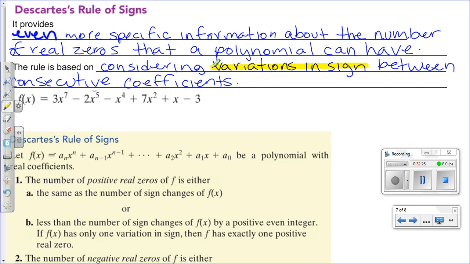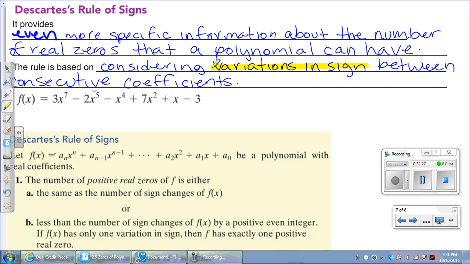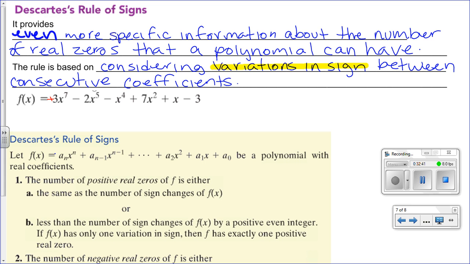So what we're going to be looking at is when we go from a positive sign to a negative sign, or a negative sign to a positive sign. So to begin with, we have here the sign of the leading coefficient is positive. We don't see a sign, but we know it's positive. So we go here from positive to negative, so that will be our first variation.